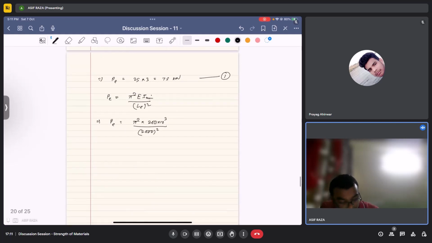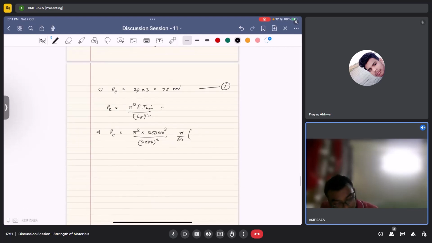Now I minimum is pi by 64 times D naught to the power 4 minus Di to the power 4, where D naught is 50 and Di is 50 minus 2t.